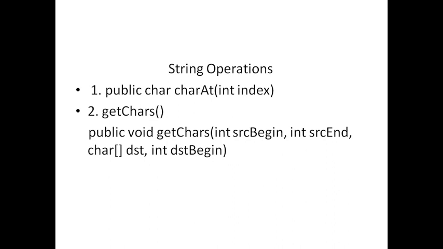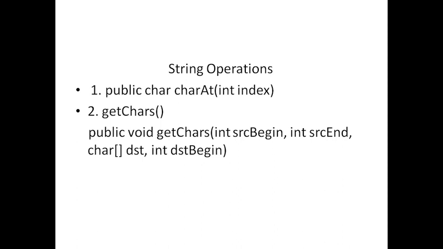Next one is getChars. The syntax for that is public void getChars, and we have to pass some values inside that: int sourceBegin, int sourceEnd, char destination, and int destinationBegin. Here you have to get some characters between the source and destination.